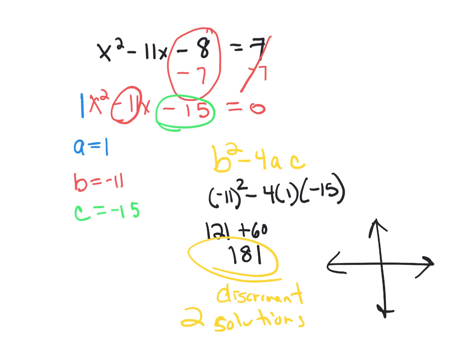Right now, all we know is that our graph is somehow going to look like this, with the key feature that there are 2 intercepts. Not sure where they're located. That's what the next step of the quadratic formula will tell us, and that's what's covered in the next video.